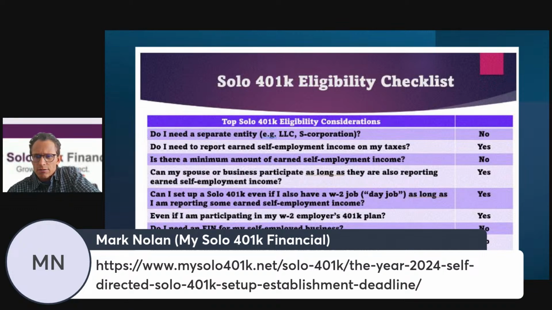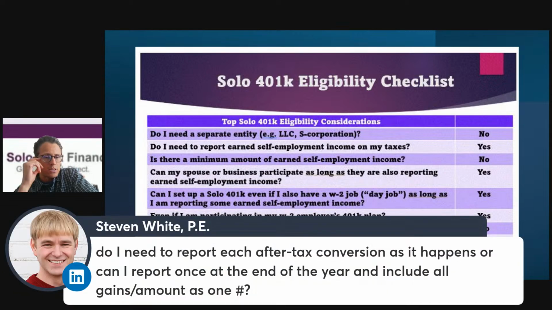Here's a good question here. Do I need to report each after-tax conversion as it happens? Or can I report it once at the end of the year and include all gains in one amount? Great question. It's best to just report them all at the end of the year to us.